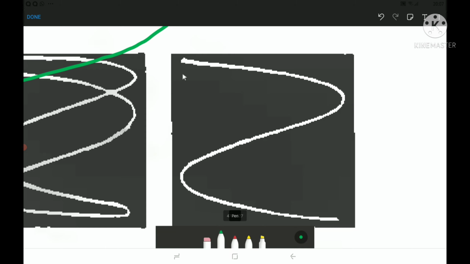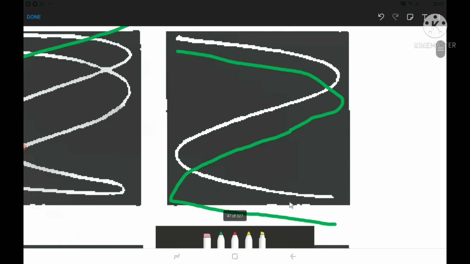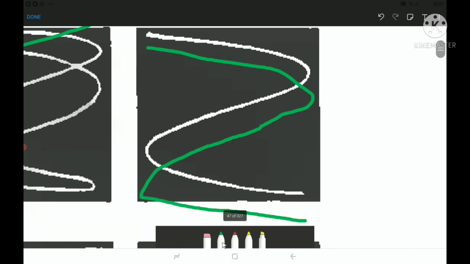So displace a bit down and then do the exact same curve. Oops, it went down. Yeah, and then join them. Now what you see is 1, 2, 3.